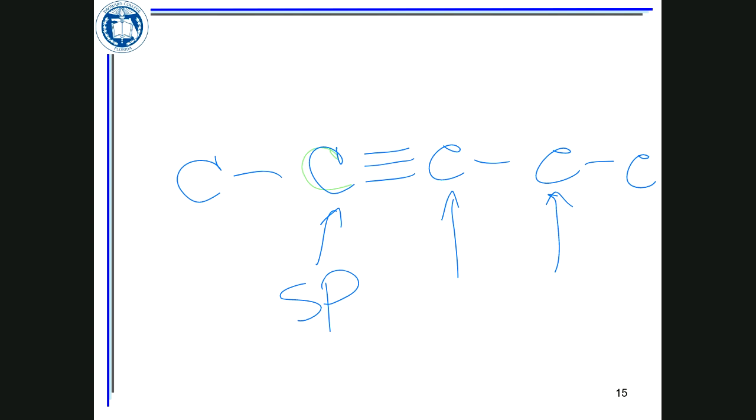Only a carbon with two pi bonds is going to have sp hybrid. If you have a carbon with two pi bonds, it could be a triple bond or two pi bonds, one on each side, it is going to be sp. If you have a carbon that looks like this, what is the hybridization of that carbon?